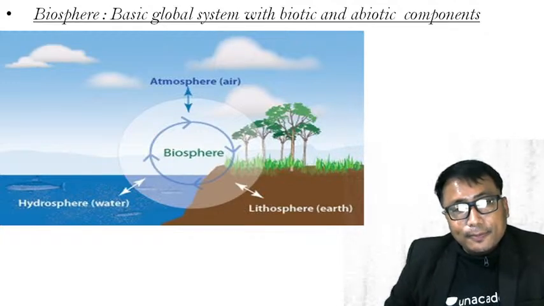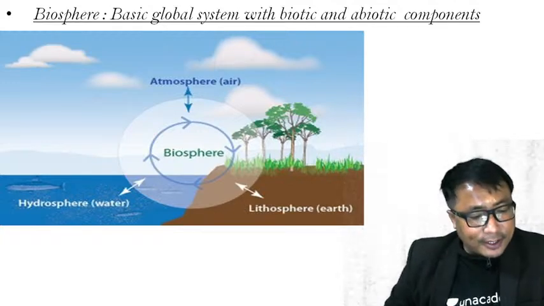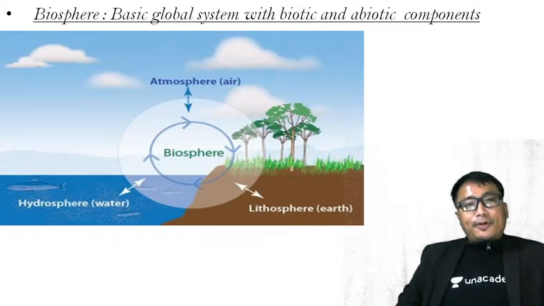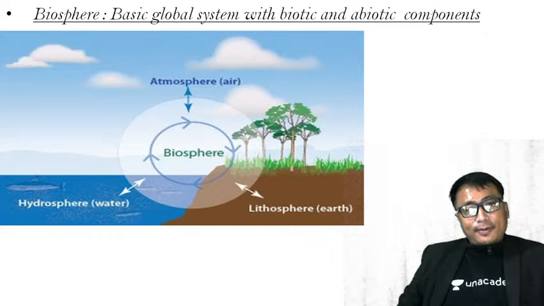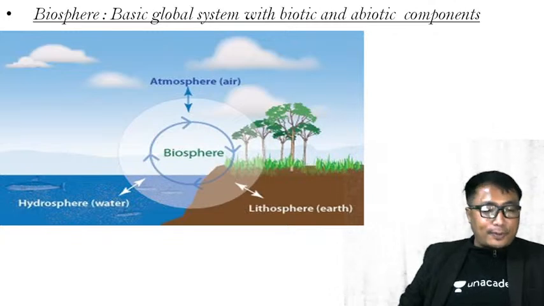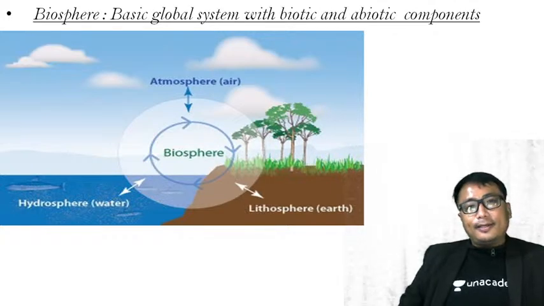So what is the most important aspect of our surrounding? It is known as biosphere. Why? Because biosphere is the basic global system with biotic and abiotic components together.